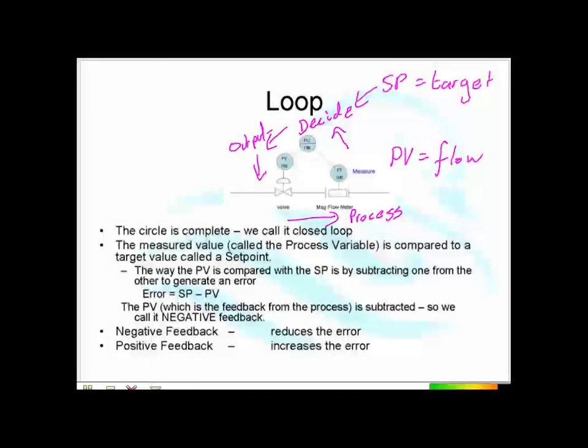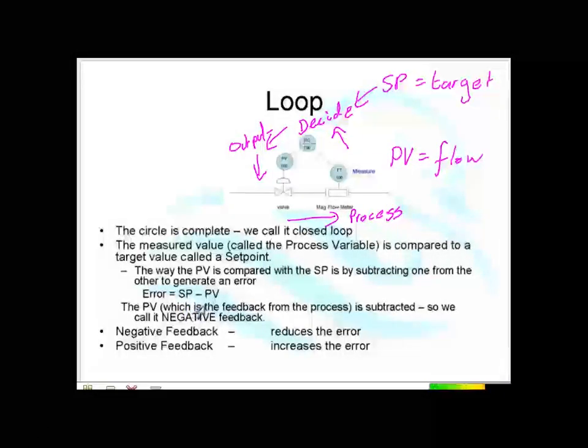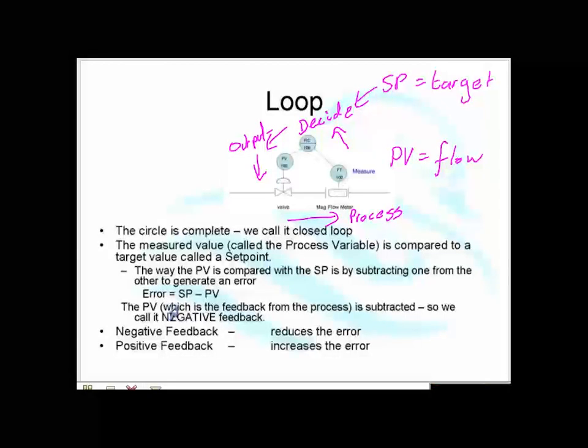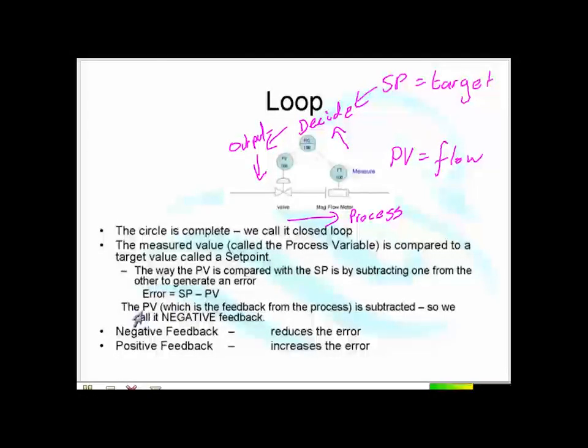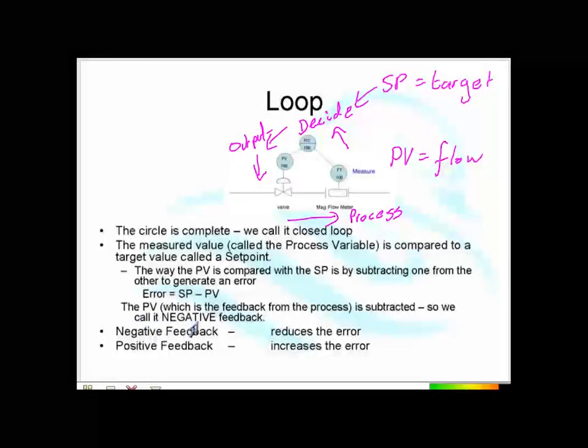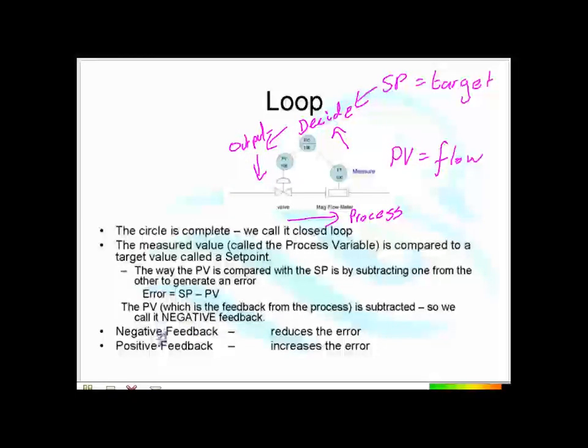What we do is we take the set point and we subtract the process variable. So the process variable is subtracted from the set point, and this generates a thing called the error. What we try and do is we try and reduce the error. If the error is 0, that means that the set point and the process variable are the same.